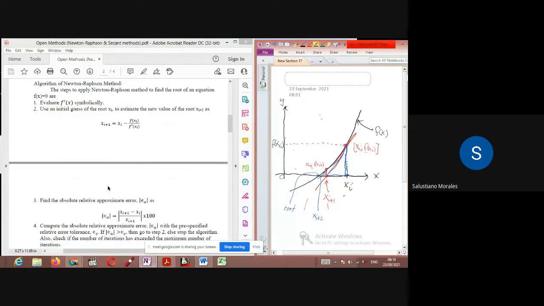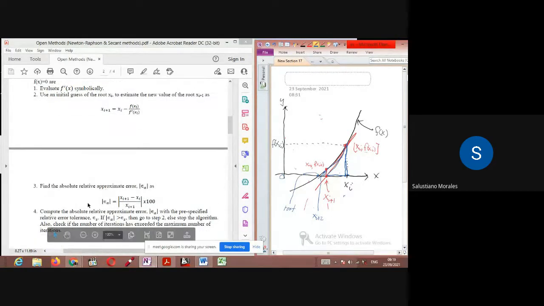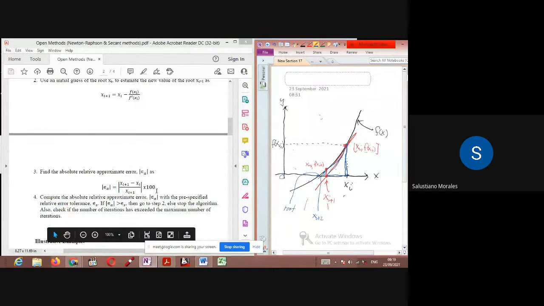Then number 3, find the absolute relative approximate error. So that is our EA. Using the formula, the absolute value of the relative approximate error should be equal to the absolute value of xi plus 1 minus xi over xi plus 1 multiplied by 100.